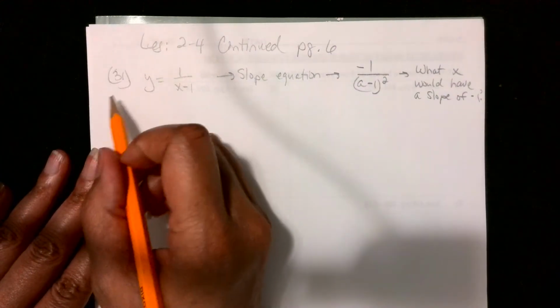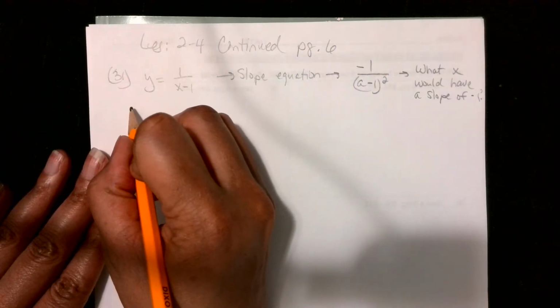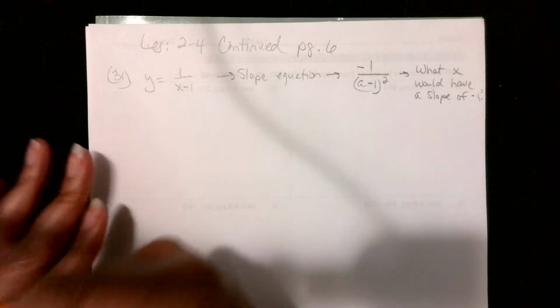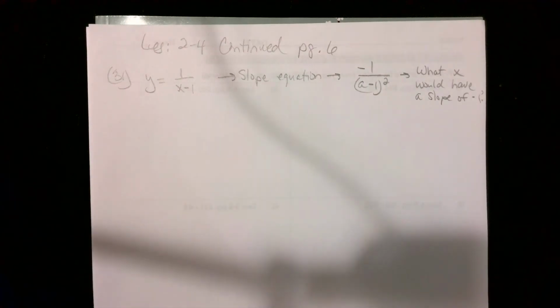Okay, so and then they're asking you to write tangents, or a tangent equation and a normal equation, but the normal equation wants a slope of 1.